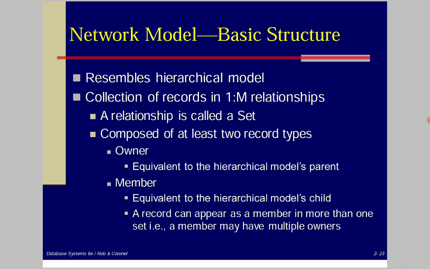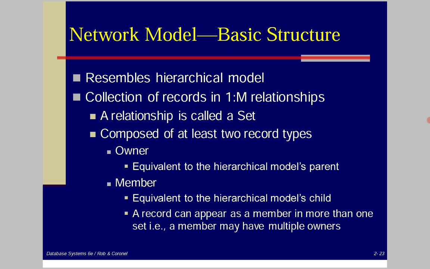Generally in the network model we use a term called records. In the hierarchical model, nodes or tree model or parent-child relationships are used, whereas in the network model records are used as the basic unit, and it also follows the 1:m relationship only. A relationship is termed a set and is composed of at least two record types.